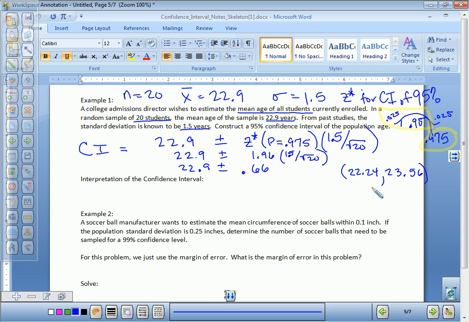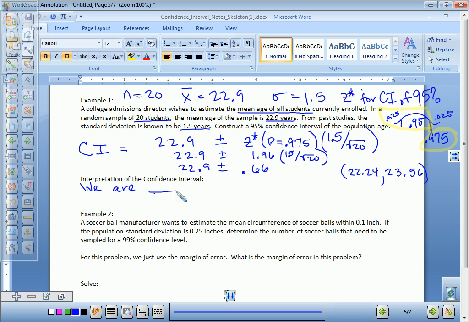That's it. We are 95% confident that the age falls within this interval. And that's how we say it. This is a fill in the blank.